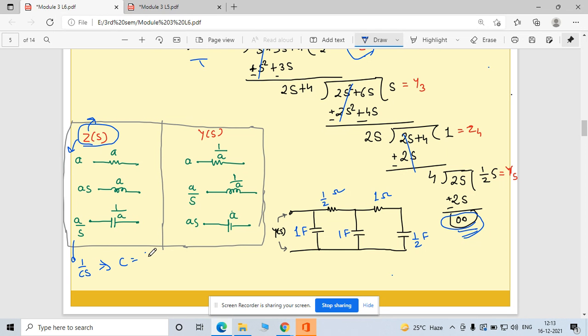C is nothing but 1 by A, right? Compare these two equations. Similarly, for the admittance function, the Laplace domain is represented with this and the equivalent circuit is this. You must remember this, and by observing it you can compare.